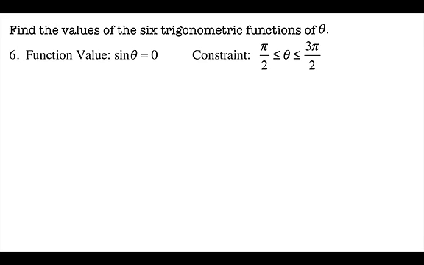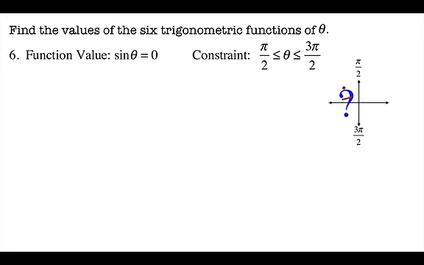This is just like number 5. Same directions, different values, but the function value of sine of theta is equal to 0. And this is the constraint that theta is on basically second and third quadrant. Notice it goes from pi over 2 to 3 pi over 2. So if you look at this picture, we're somewhere here. Second quadrant, third quadrant.